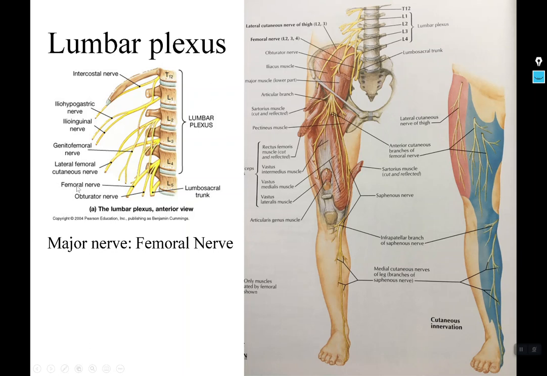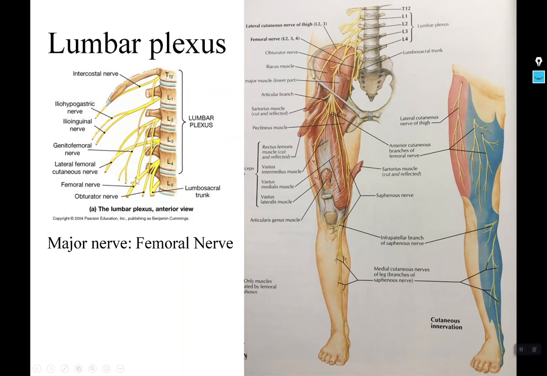So femoral nerve comes off as a result of a convergence between L3 spinal nerve and L4 spinal nerve. And if we travel over to this, what we will find is that if we trace the same stuff back, so find L3 and L4.